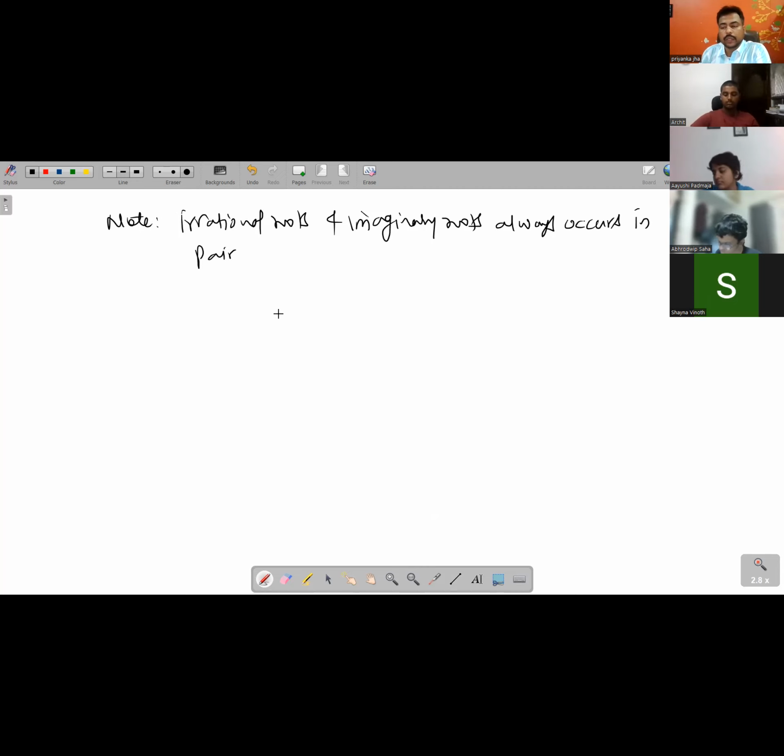Means, suppose you have a root like p plus root q. This is irrational, so the other irrational root will be p minus root q. So irrational roots always occur in pairs.